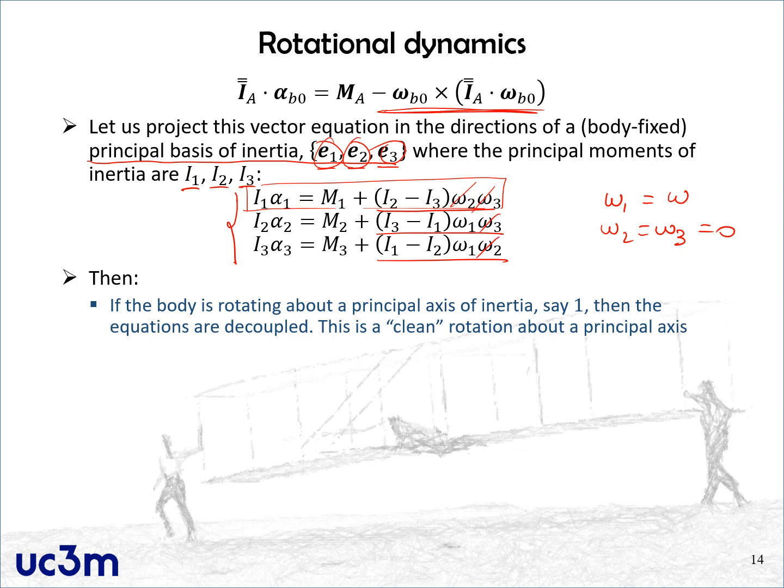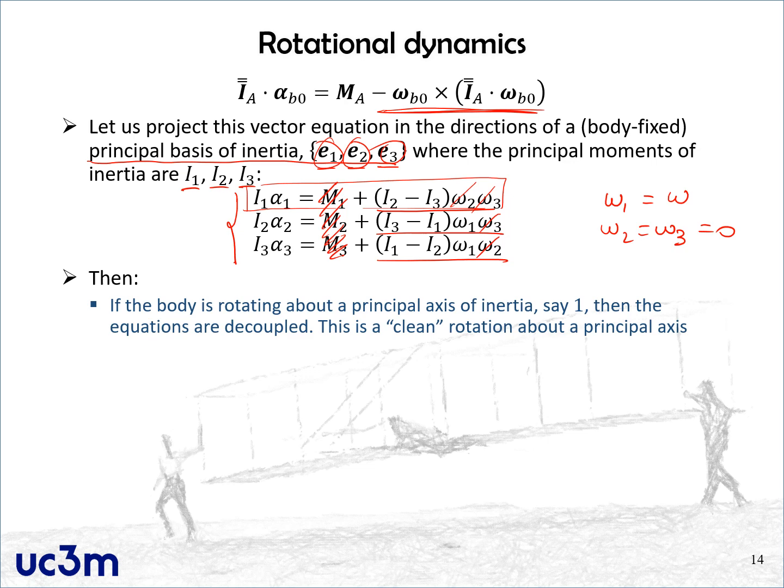So all these terms do not appear. This is what we call a clean rotation about one of the principal axes of inertia. If there are no external torques as well, imagine for now that we don't have any of these, then the body would basically remain rotating about the principal axis of inertia in a very simple way.